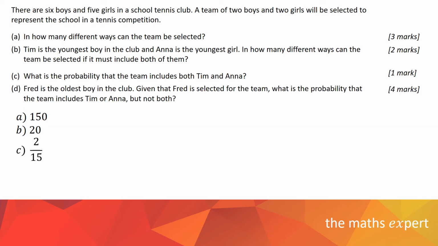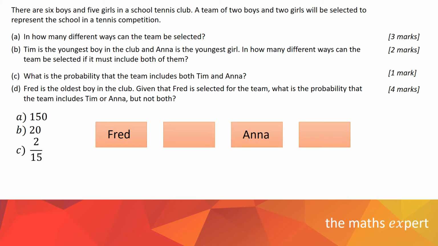Finally, Fred is the fixed person, and we need to find the number of combinations with either Anna or Tim, but not both. We can break this down into a team with Anna first. There will therefore be 4 choose 1 lots of boys, as we don't want Tim and Fred is already chosen. And there will also be 4 choose 1 girls to go in the final slot, as Anna is already in the team, so there are 4 girls left to choose from and not 5.